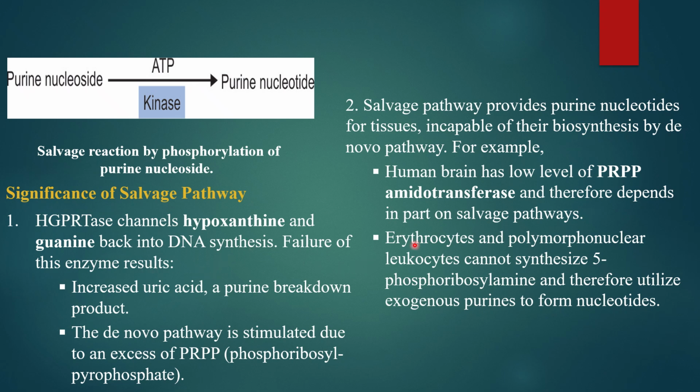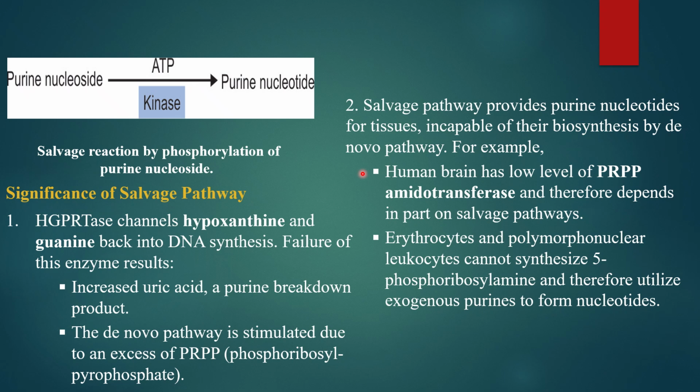First, there will be an excess amount of purines. These purines are now degraded to uric acid. So the first drawback is an increased concentration of uric acid, which is a major purine breakdown product. Second, the de novo pathway will be stimulated, because now PRPP is in excess quantity, so the de novo pathway is stimulated manifold.